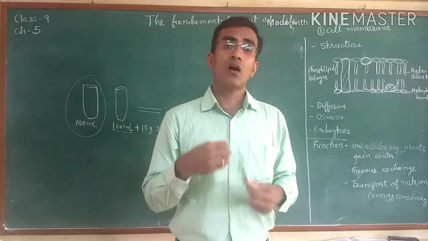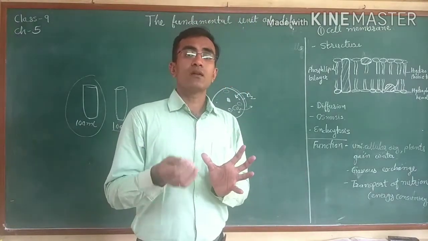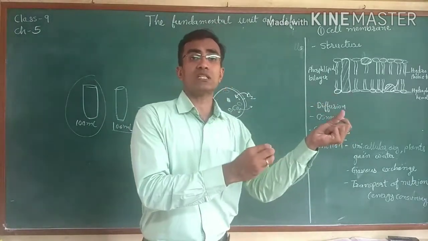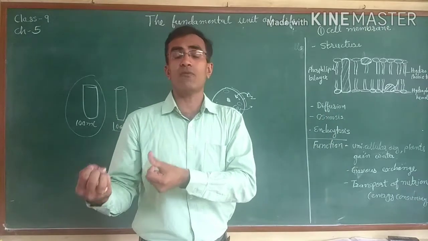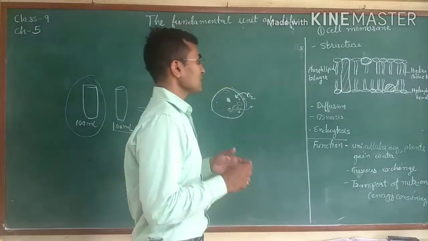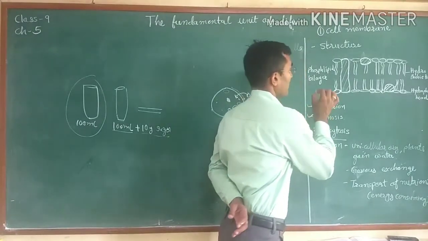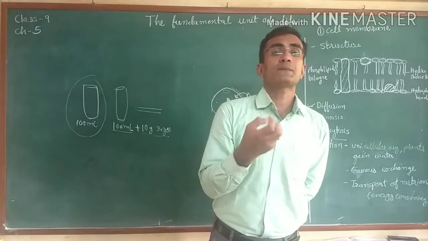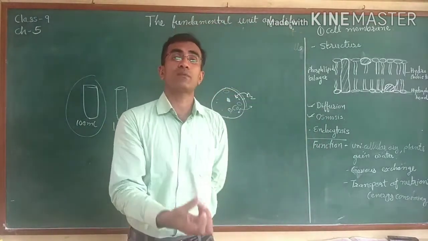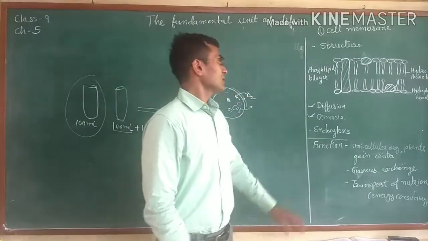Now the concept of osmosis is clear. Osmosis means transportation of water from higher concentration of water to lower concentration of water through the semi-permeable membrane. Okay. So these two terms are clear, by which substances get transferred: the oxygen, the gaseous substances, and water molecules get transferred from either side.